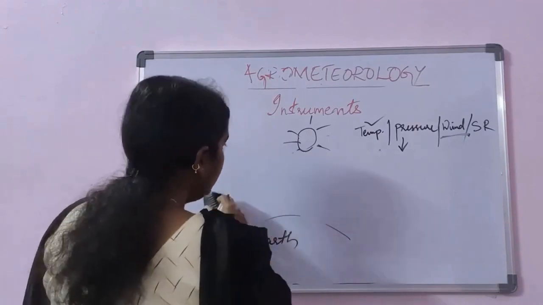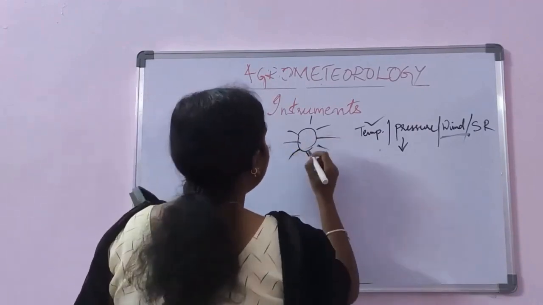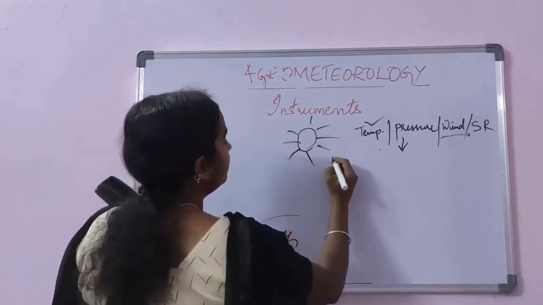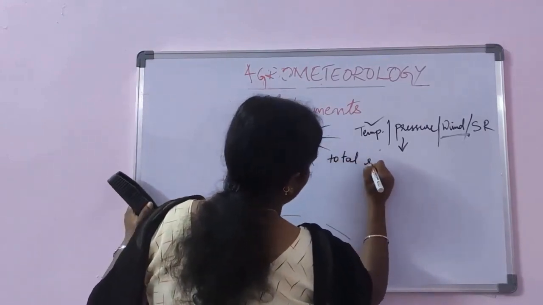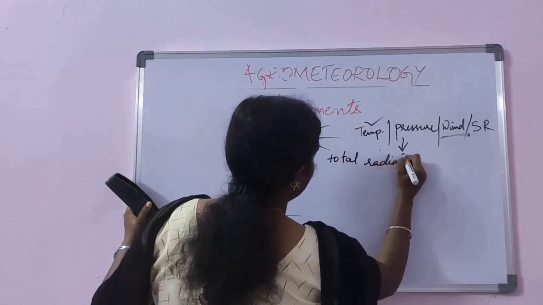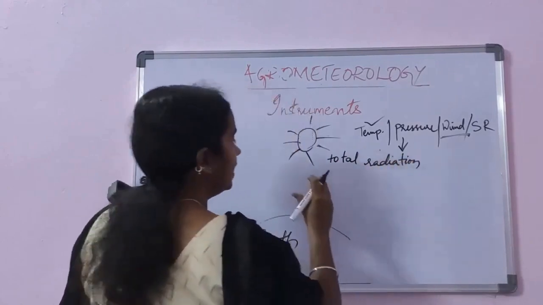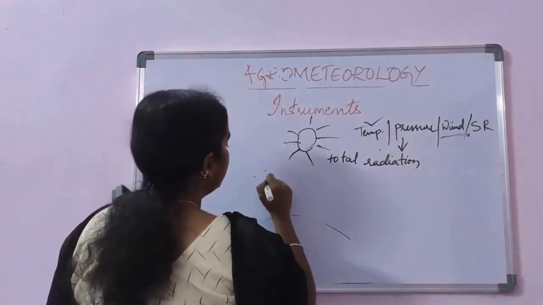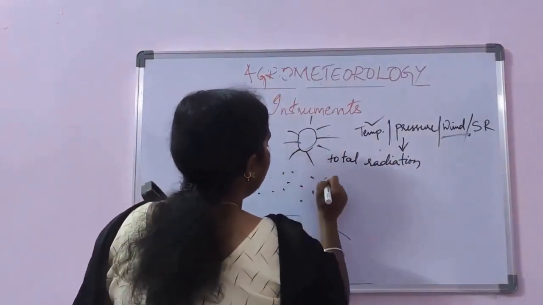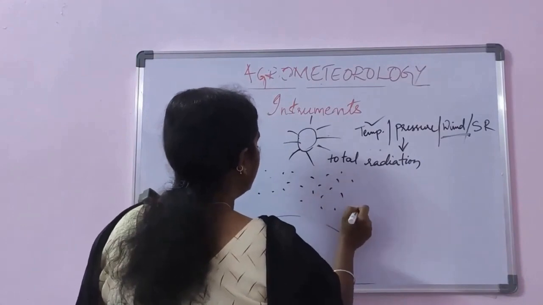Now, another concept of this solar radiation is, as I told you, the sun will be radiating energy. The energy which will be radiated by the sun, we can call it total radiation. In that, there are suspended particles in the atmosphere.